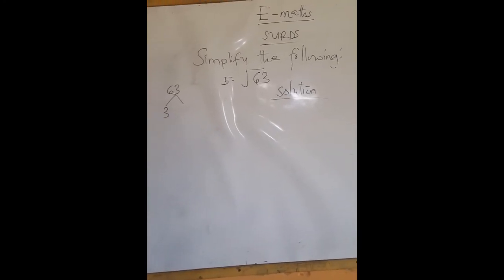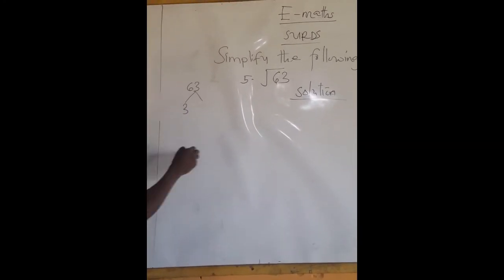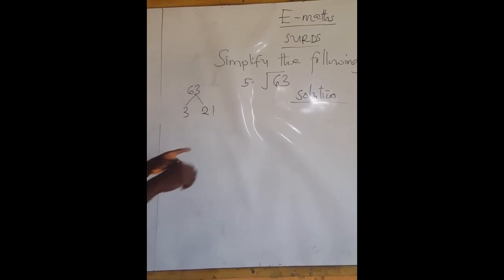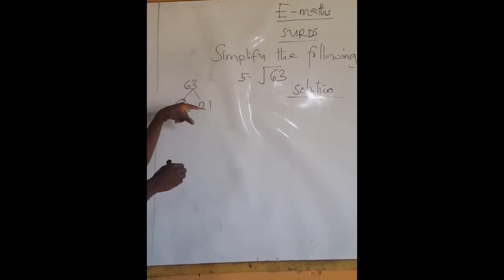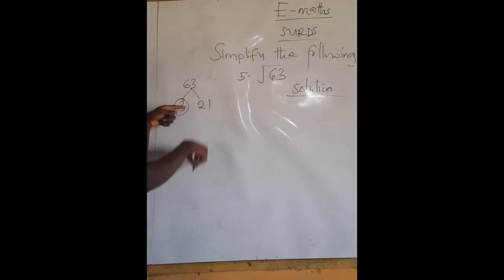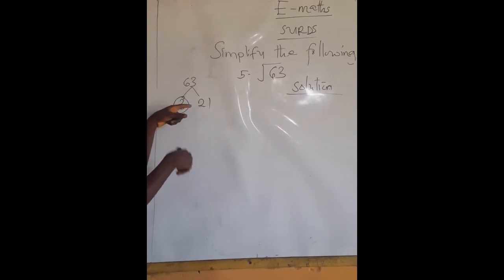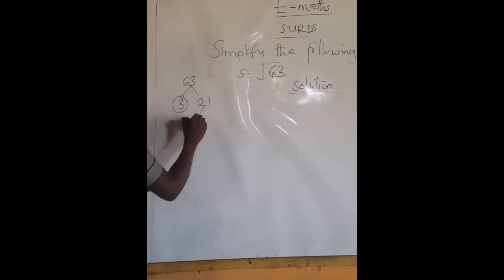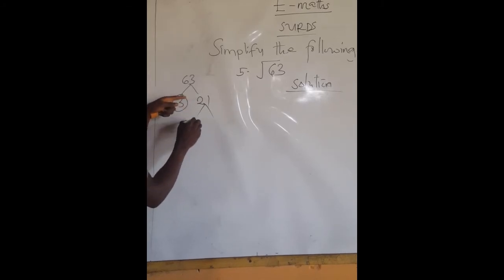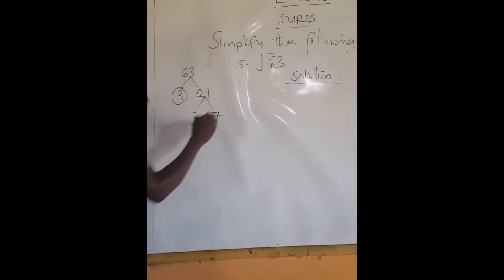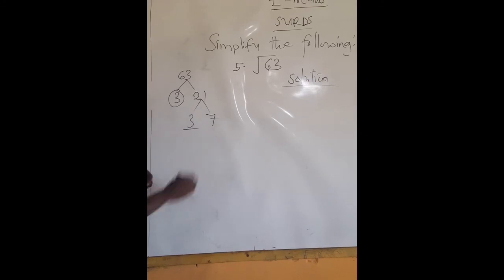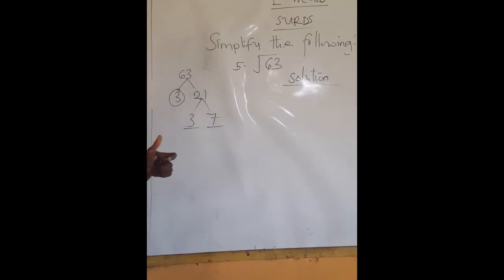So 3 can go into 63 how many times? 21. So 3 is a prime number, 21 is not a prime number. So let's break 21 down to get prime numbers. 3 can go into 21 how many times? 7. Now you can see 3 is a prime number, 7 is also a prime number.